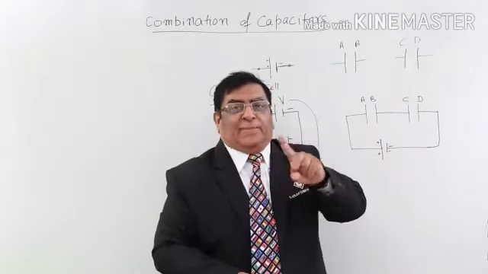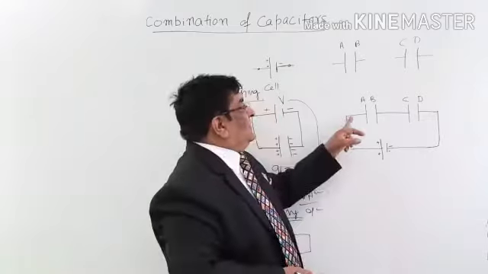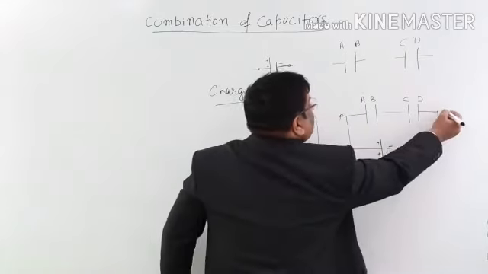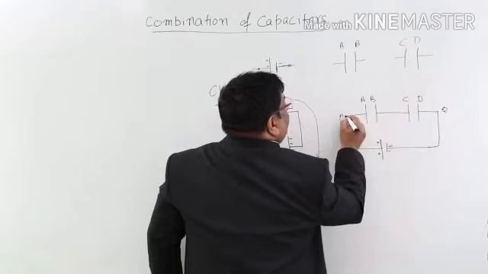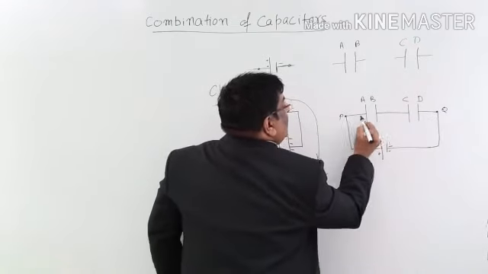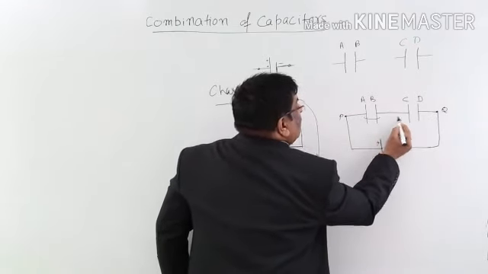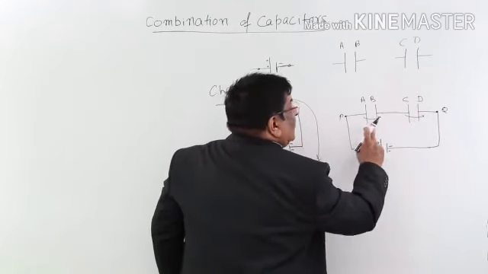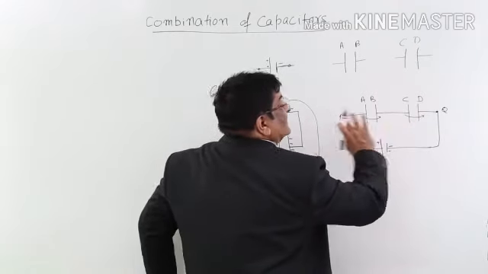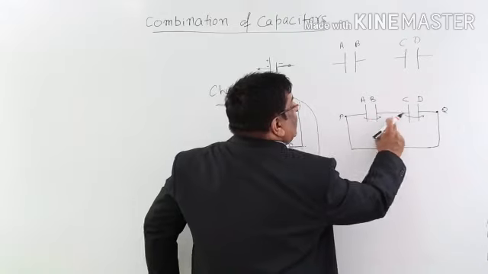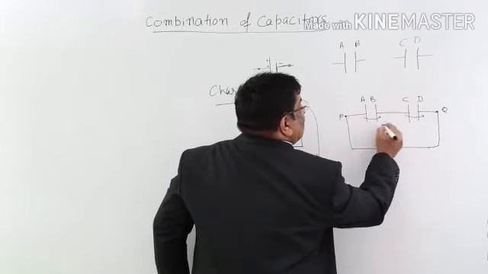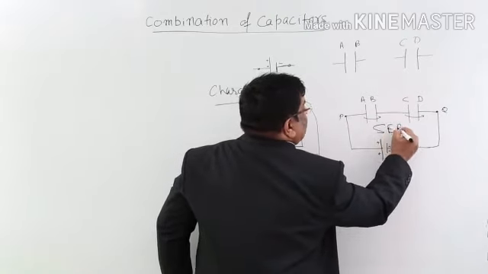So in a path between the two points, let this point be P and this point be Q. If from P I want to go to Q, I have to jump this as well as this. So as many capacitors as I have to cross on the way, all those are supposed to be connected in series.